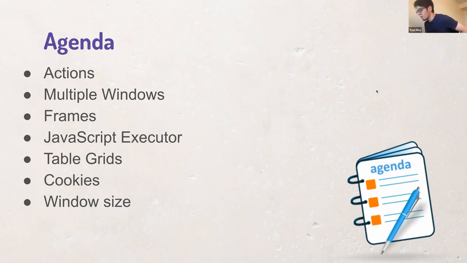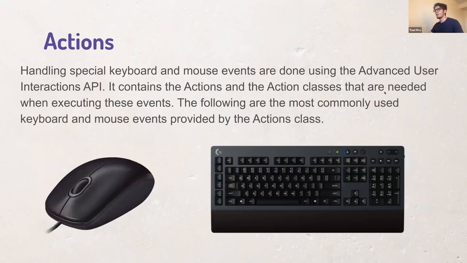All right, so let's start this off. The first thing we're going to cover today is actions. Actions is a specific class in Selenium, for cases where just clicking on elements, typing or clearing is not enough.